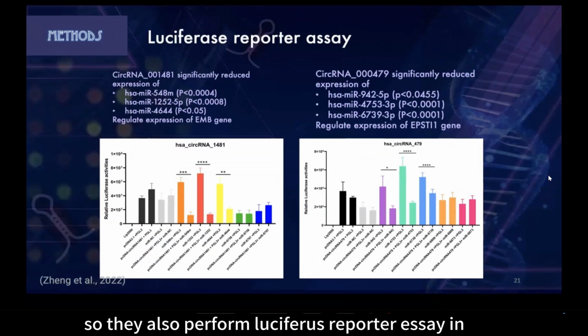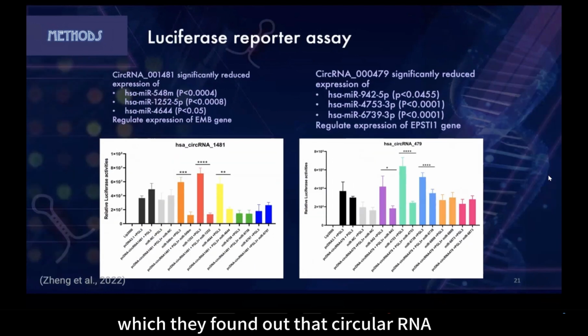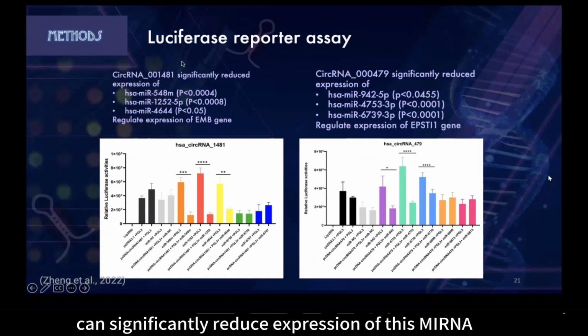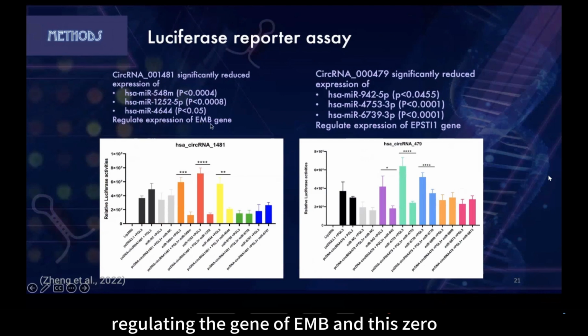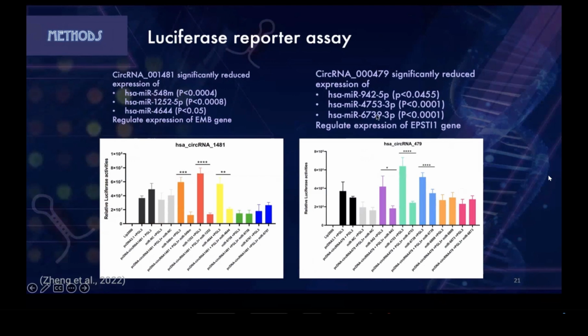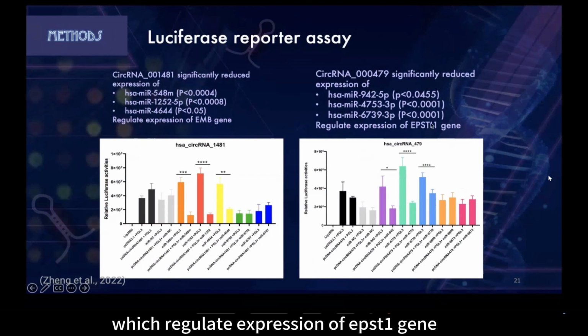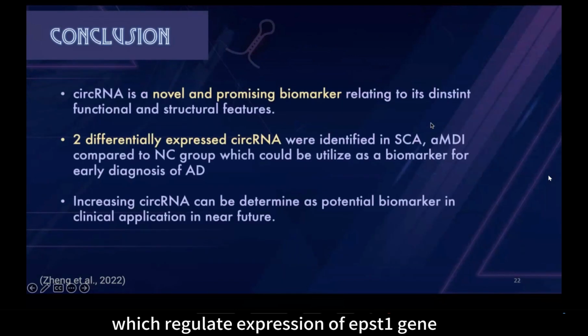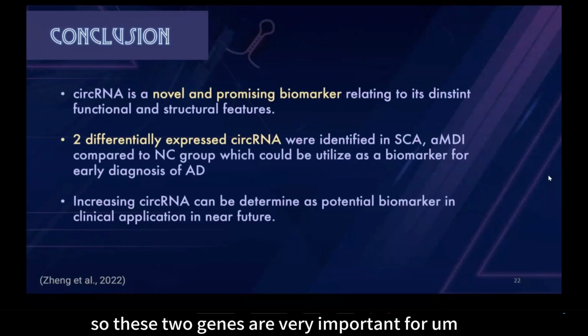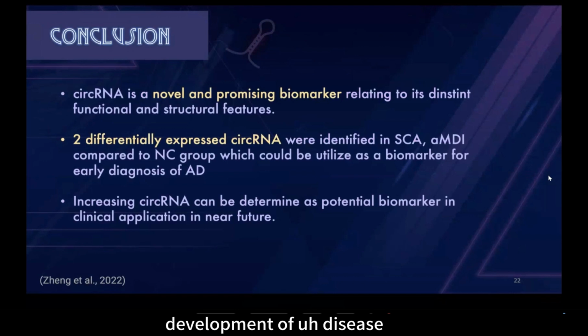So they also performed luciferase reporter assay in which they found out that circular RNA can significantly reduce expression of this miRNA regulating the gene of EMB, and this 00479 circular RNA significantly reduces expression of this miRNA which regulates expression of EPST1 gene. So these two genes are very important for development of Alzheimer's disease.